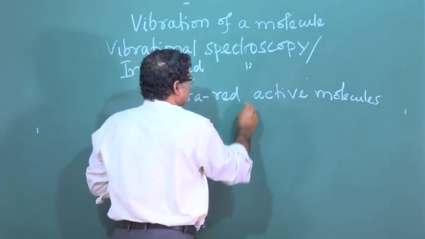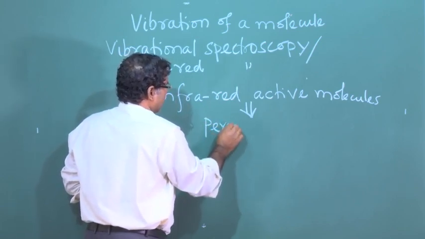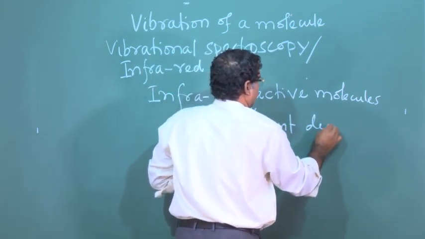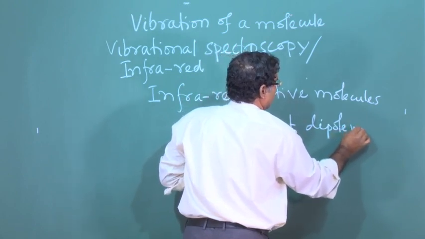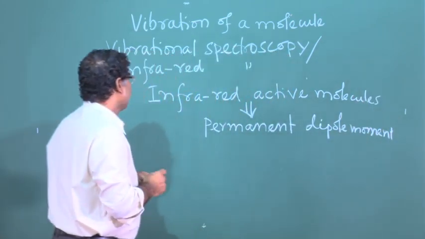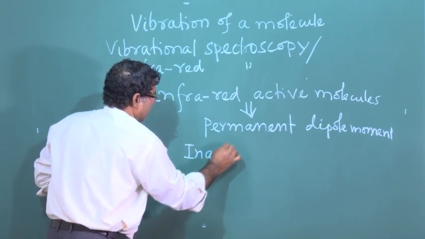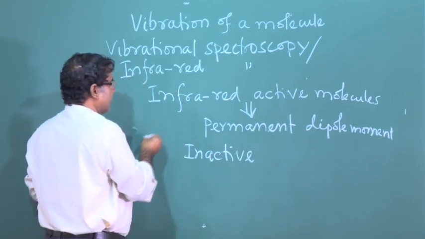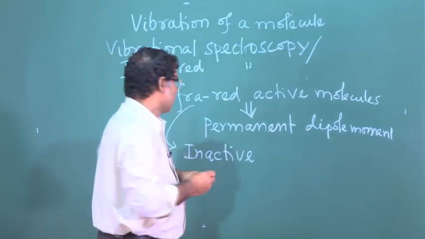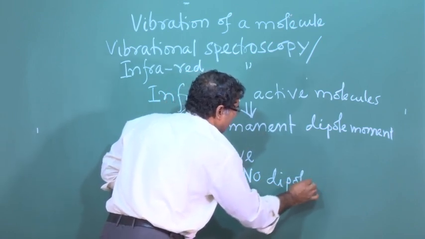So, for this case, that molecule should have a permanent dipole moment, and it will be infrared inactive when the molecule does not have a dipole moment, in this case no dipole moment.